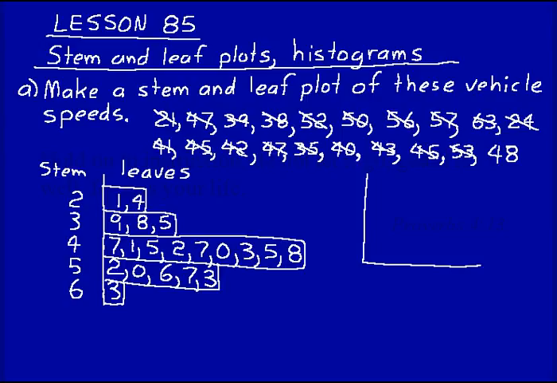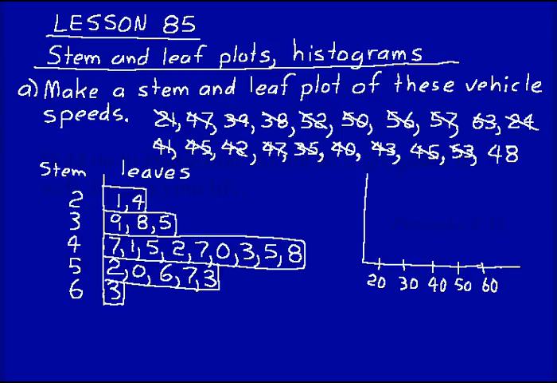On our x-axis we can start with 20, 30, 40, 50, and then make another tick mark for 60. On our vertical axis, this will be how many times each leaf occurred, or the most number of times the leaf occurred for that particular set.